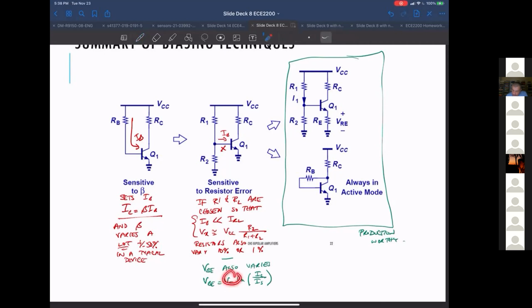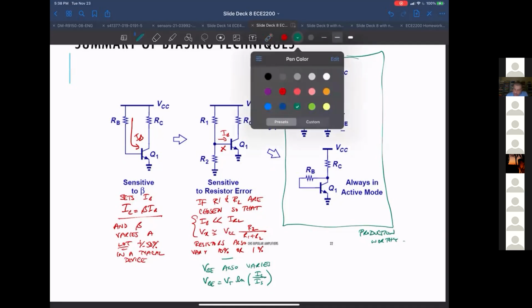It's just part and parcel of it, but at least it's a known variation. The rest of the stuff in the V sub T equation are physical constants. But I sub S is also a device dependent parameter, and the manufacturer doesn't control that very well either.